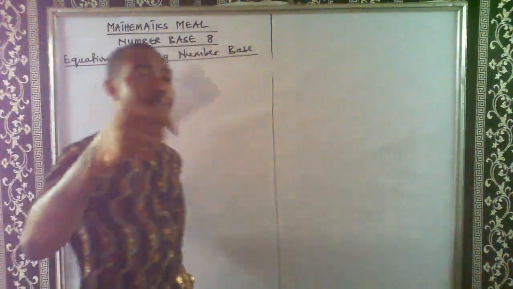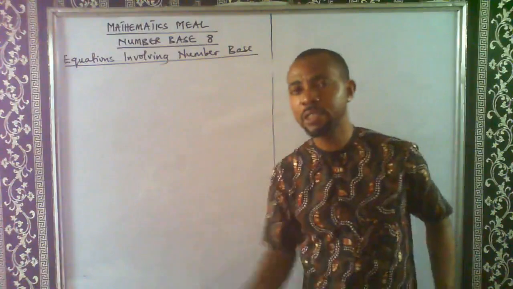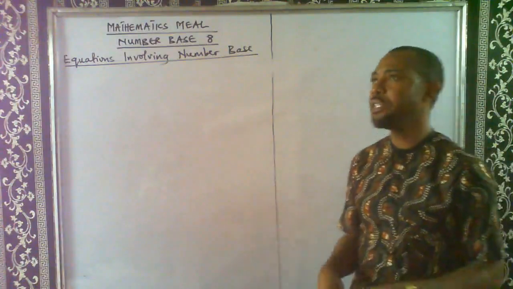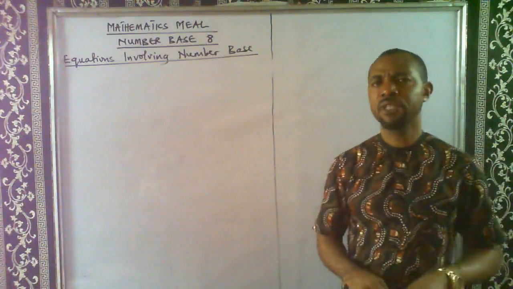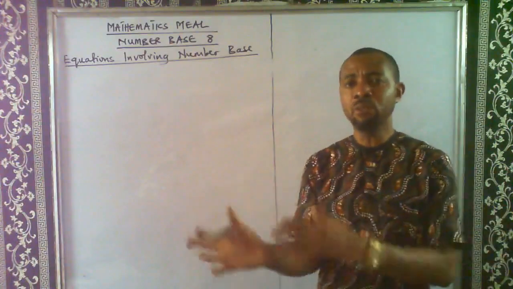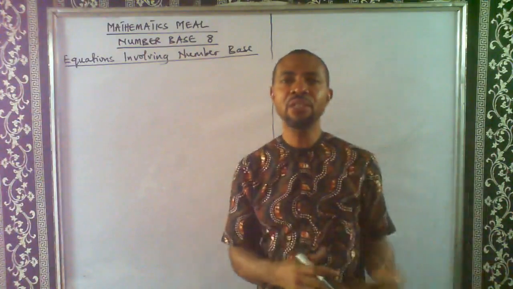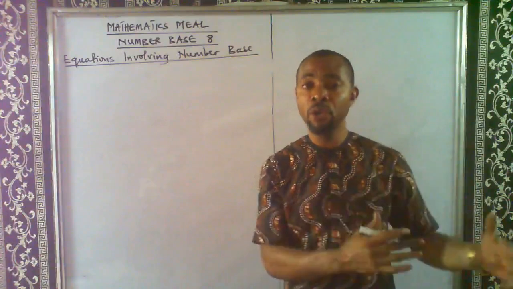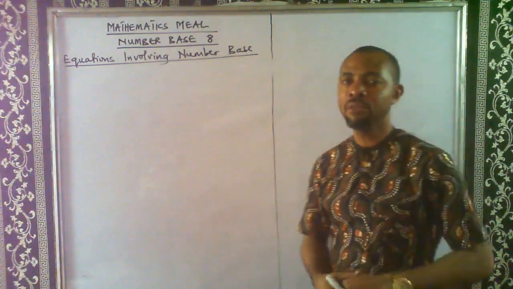Now, we have a variety of equations: linear equations, quadratic equations, equations involving indices, equations involving logarithms. One must know how each equation looks. You must understand the features or characteristics of each equation so that you will know the method to apply in handling it.